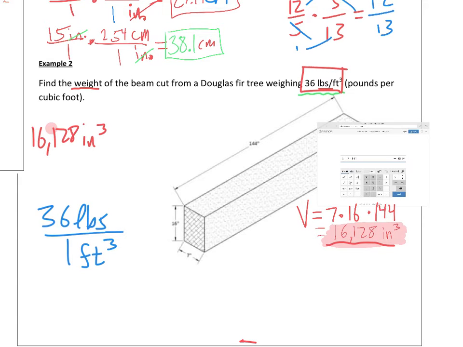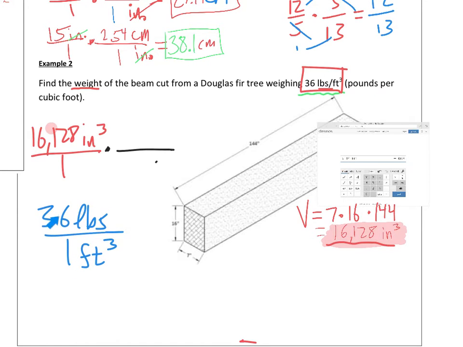So what we need to do is change cubic inches. I want to get rid of cubic inches. So how do we do that? Well, we're going to multiply by a conversion factor. Cubic inches is on top of the fraction. If you don't see the fraction, we can always change any whole number into a fraction by putting it over 1. I want to get rid of the inches cubed, because I need cubic feet.